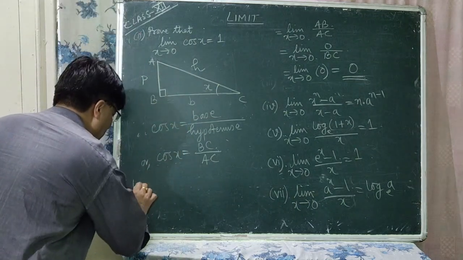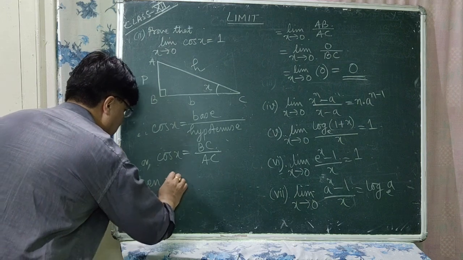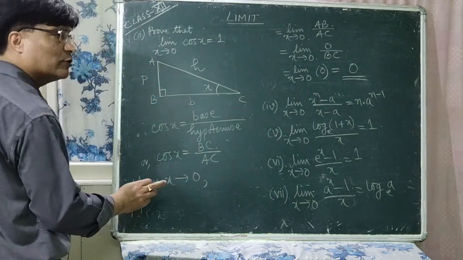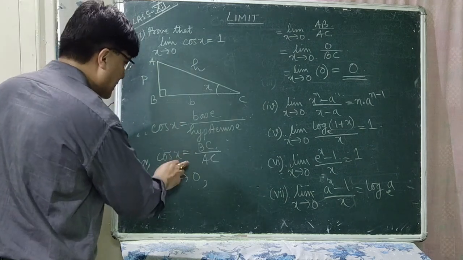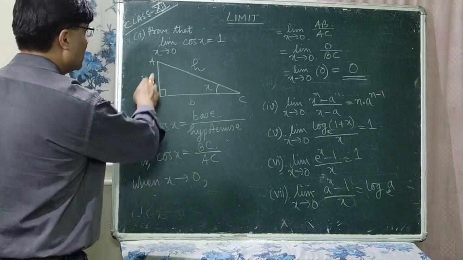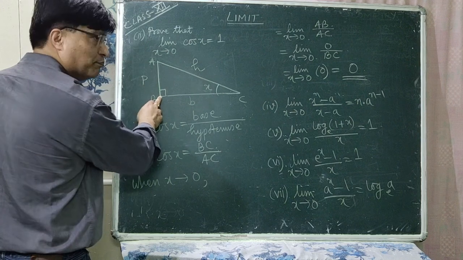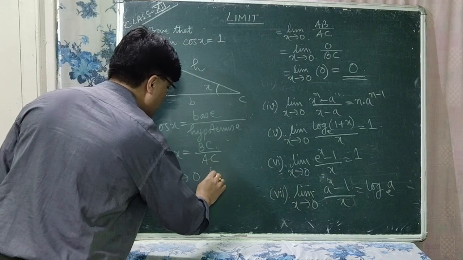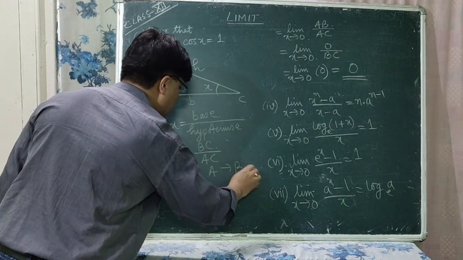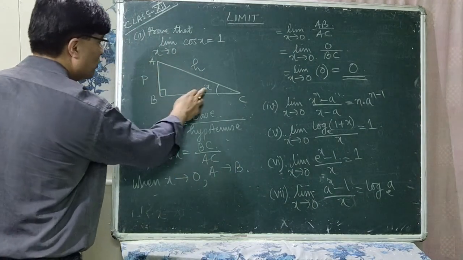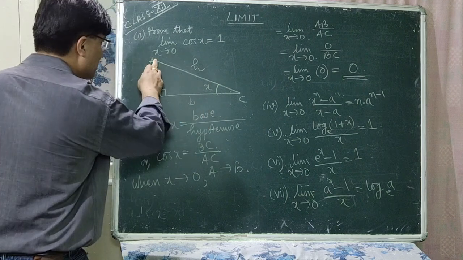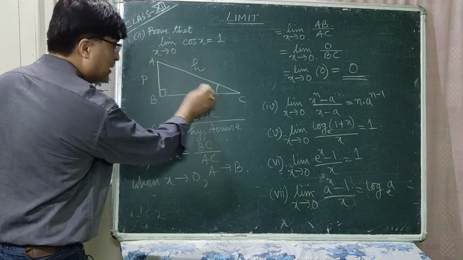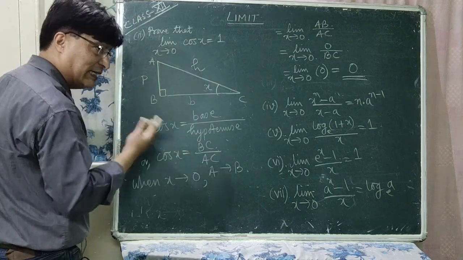Now, when x tends to 0, this A tends to B. When x becomes 0, this AB also becomes 0. When x is decreasing, this AB is also decreasing.